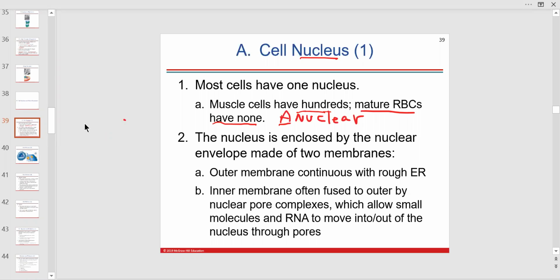So the nucleus has a membrane, which we call the nuclear envelope, and it has the nuclear pores. So the outer membrane, like we said, is continuous. The membranes are continuous with the rough ER. And the Golgi apparatus has a membrane, and the smooth endoplasmic reticulum has a membrane. So the nuclear pore complexes allow small molecules like RNA, and of course ribosomes, to move in and out of the nuclear pores.